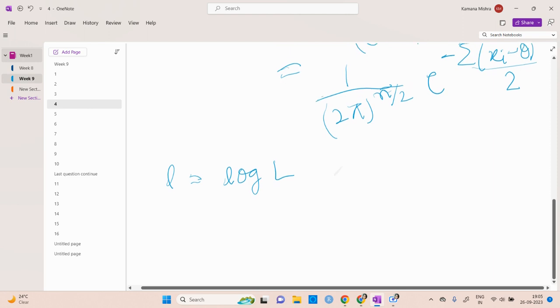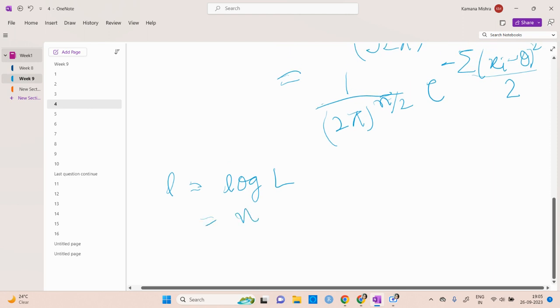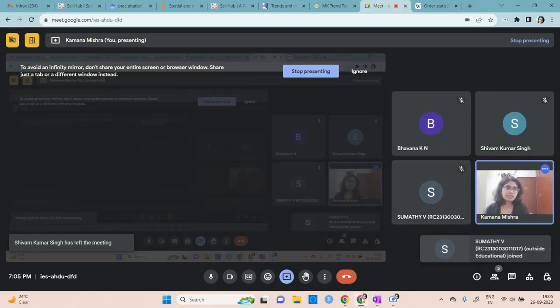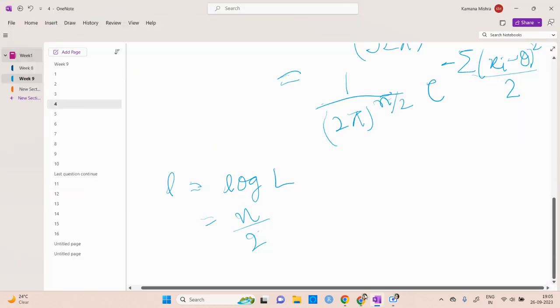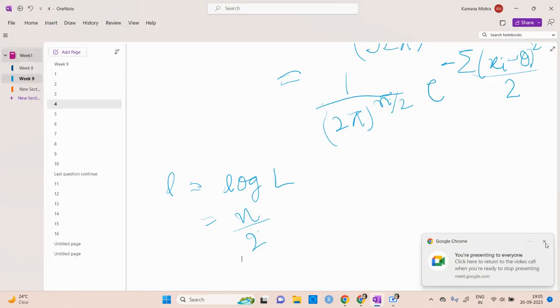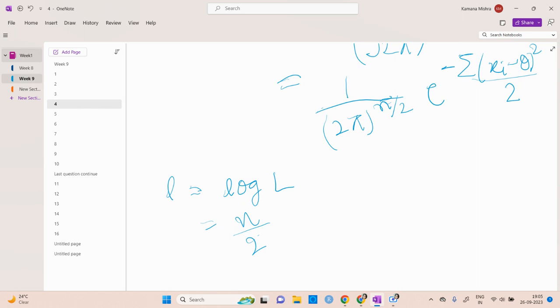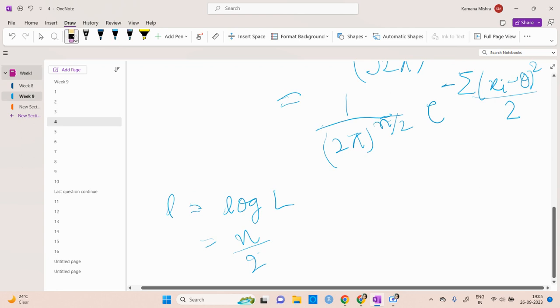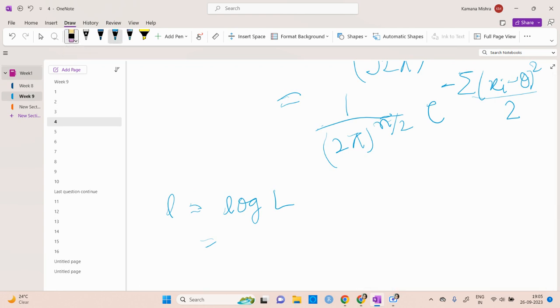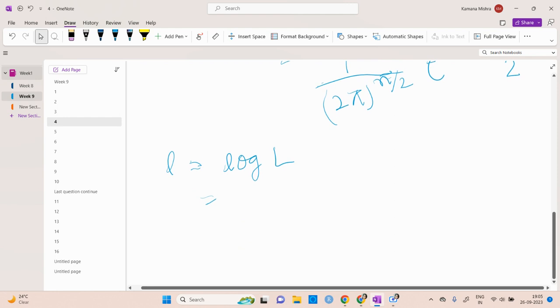So log of L will be equal to n by 2, and then if you take the log, log of a times b is log a plus log b. For the first time I'm writing this whole thing, and next time you can understand it on your own.